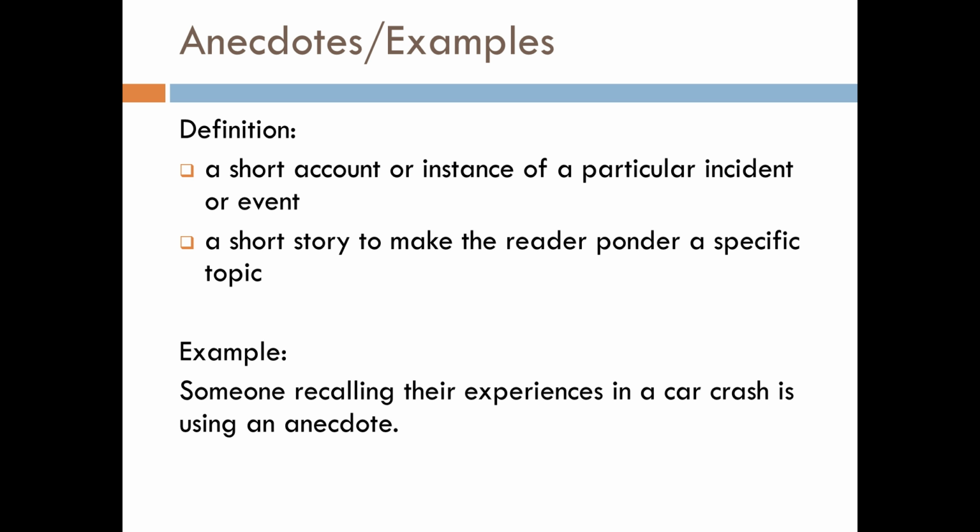Either way, an anecdote or example illustrates certain points of a claim. So if you are trying to explain to people why driving safely is an important thing to remember, you might explain to them a time that you weren't paying attention to the road and you ended up hitting another car.